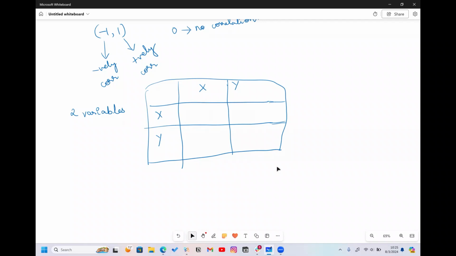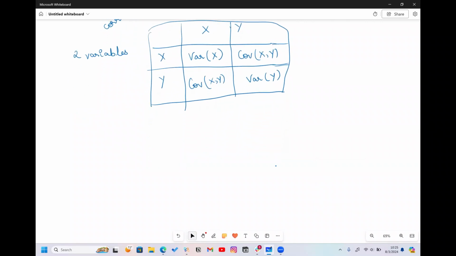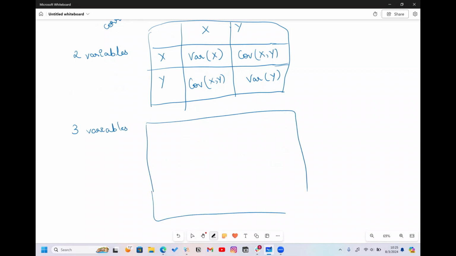When there are two variables, the covariance matrix has the variance of x here, covariance of xy, covariance of xy again, and variance of y. So the diagonal elements give the variance of the random variables. And this can be extended to 3 variables as well, where we have the matrix.